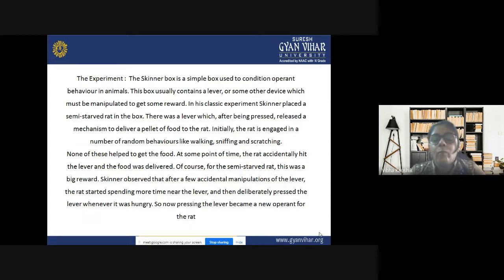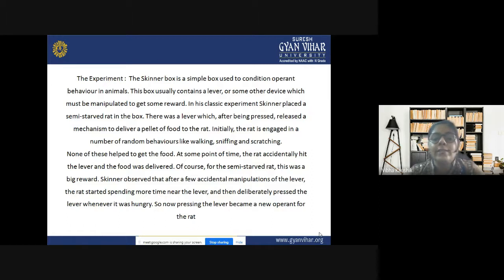What happened when Skinner again put the rat in the Skinner box? The rat started spending most of the time near the lever only, and then deliberately pressed the lever whenever the rat was hungry.